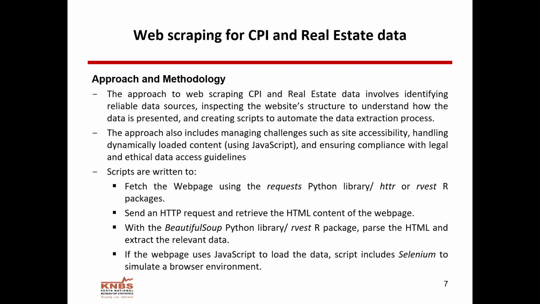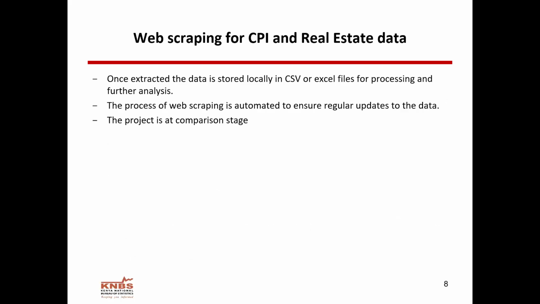So if the website uses JavaScript to load data, we use Selenium to simulate a browser environment. Next slide. So once we extract the data, we store it locally in CSV format or Excel for processing and further analysis.